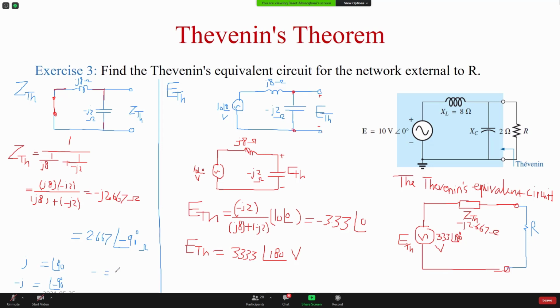Minus equals 180 degrees. If it's a minus number, or minus 180, it's the same thing. Any questions?